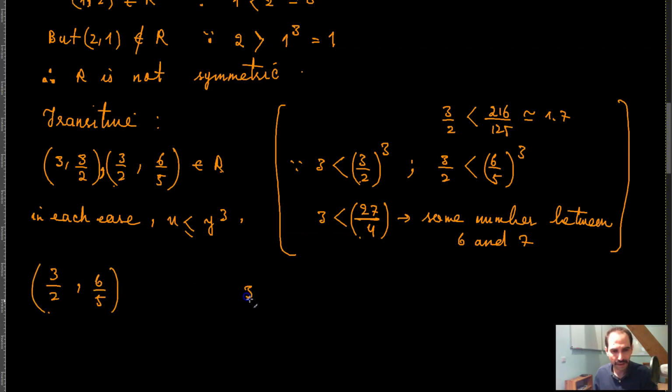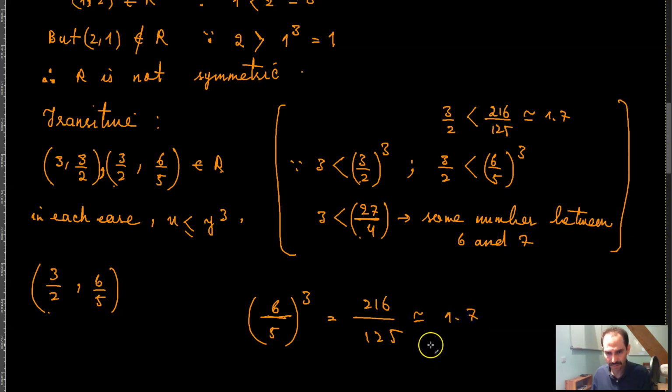You have 6/5 over here, raise it to the third power, you'll get 216 by 125, which is approximately 1.7.